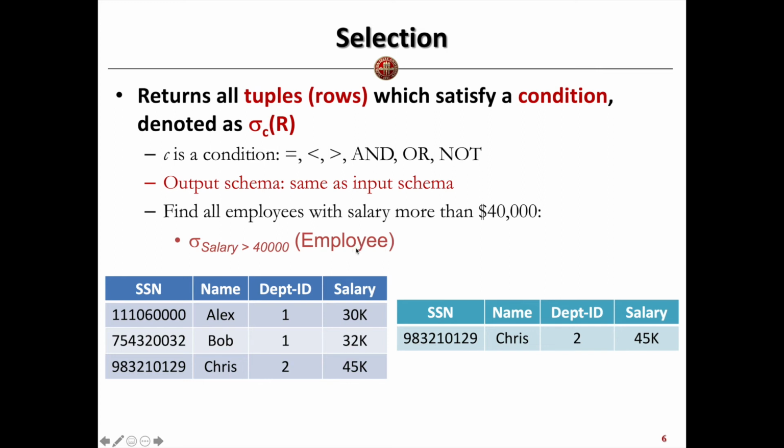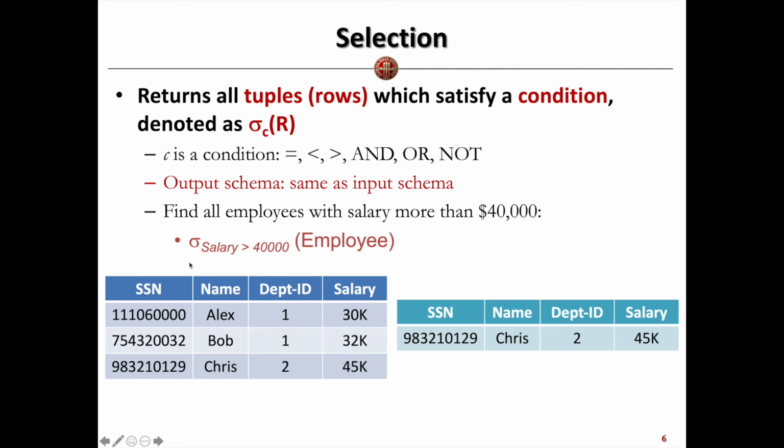We can represent this as an action by using this selection operation. We can denote this query as a sigma. Sigma denotes a selection. We have sigma, then we have a subscript: salary larger than 40K.